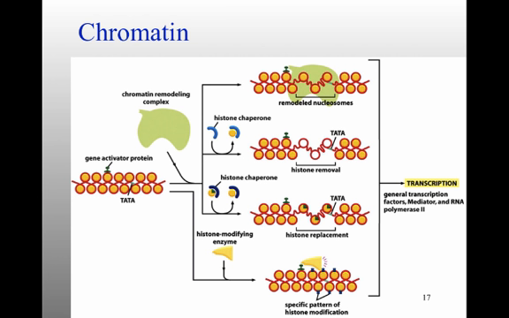And in that process, lead to opening and accessibility of the TATA box. Once you have accessibility of the TATA box, now you can add all of your general transcription factors, of course starting with TFIID, which binds to the TATA box, TFIIB, TFIIE, TFIIF, TFIIH, etc., your mediator complex and your RNA polymerase, so now you can finally get transcription to take place.